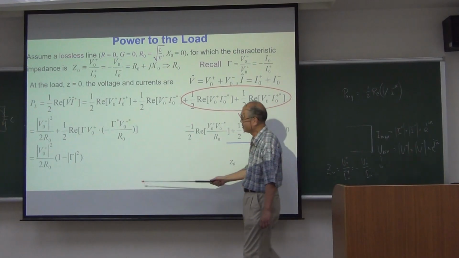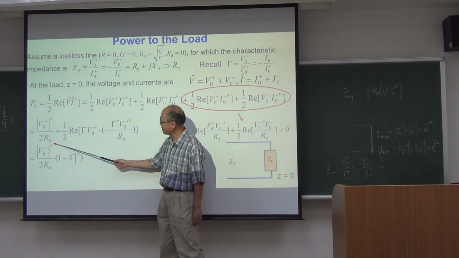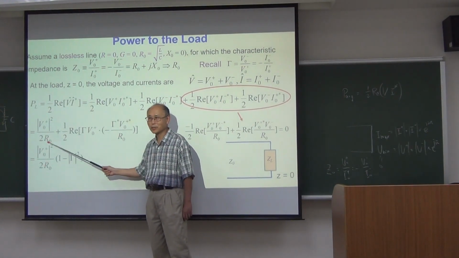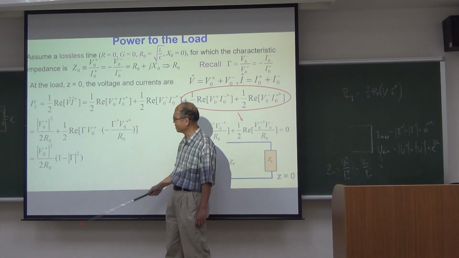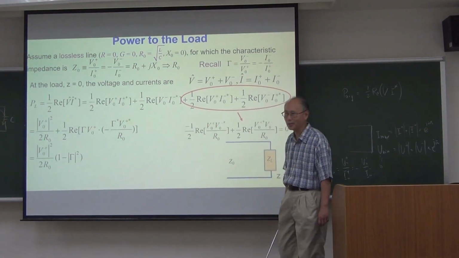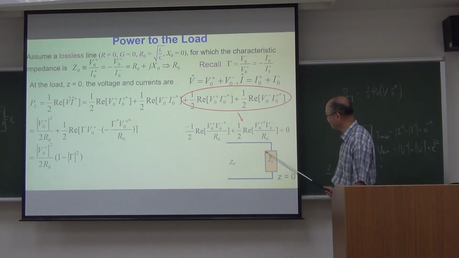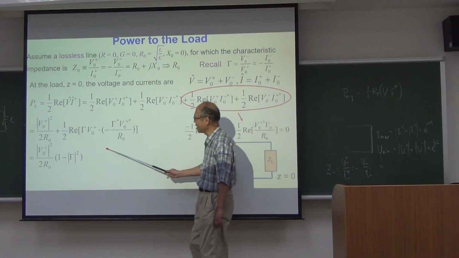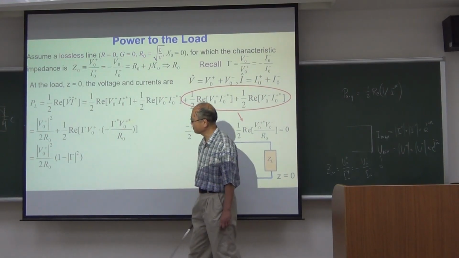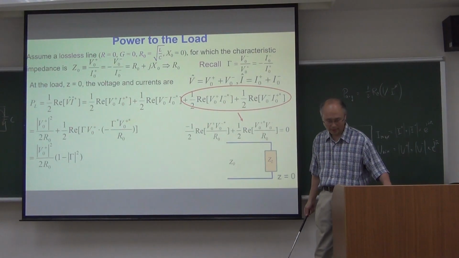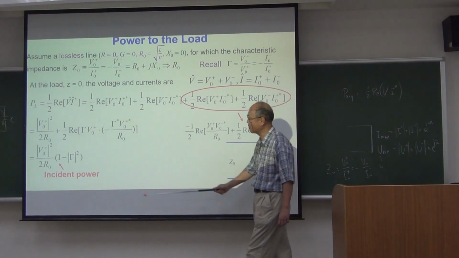So in the end, you have this formula. This is something that you send into the transmission line. And this is 1 minus gamma squared. Alright, so you have a physical interpretation now. Power transmitted to this load is given by this quantity. And the first term, in fact, is the incident power.